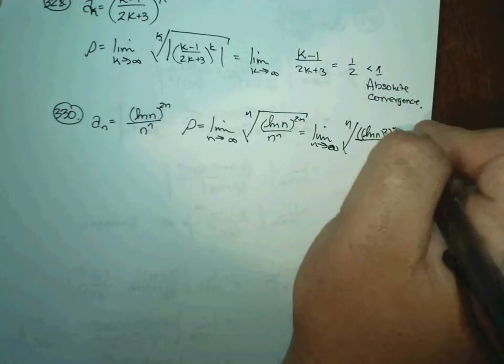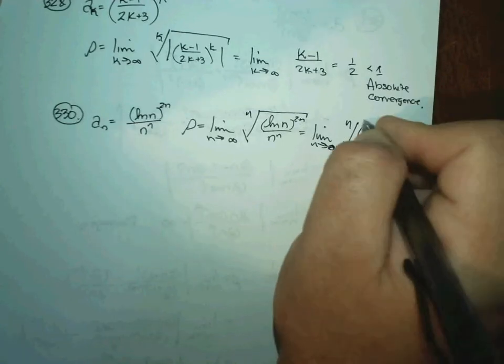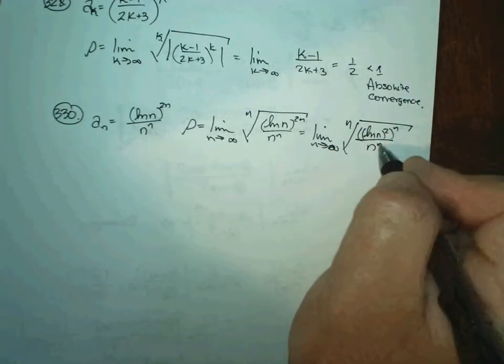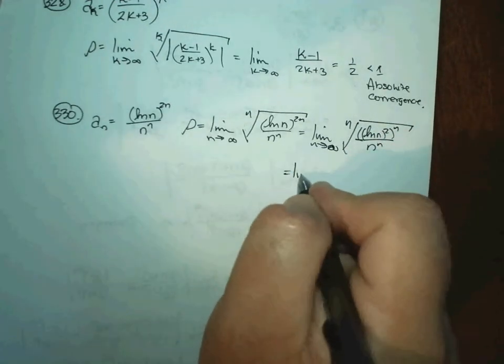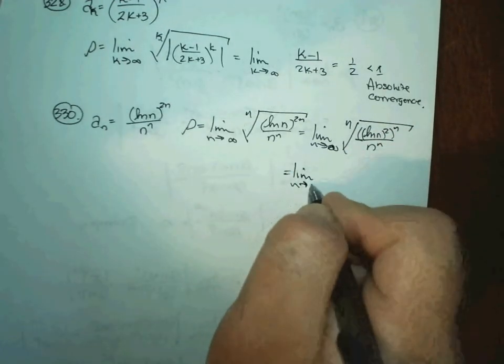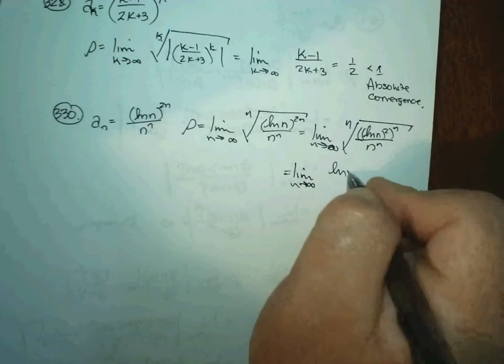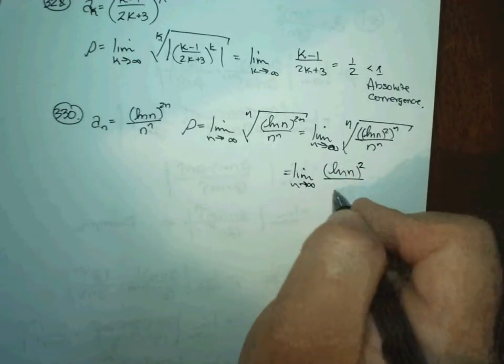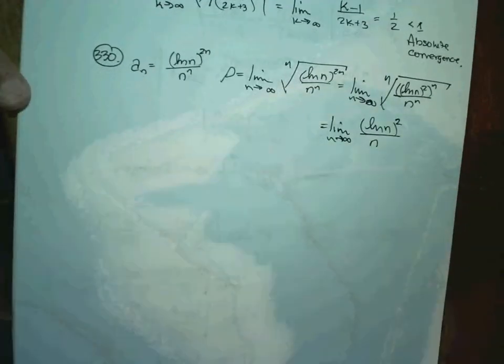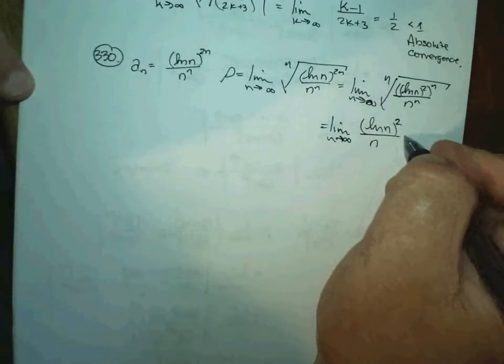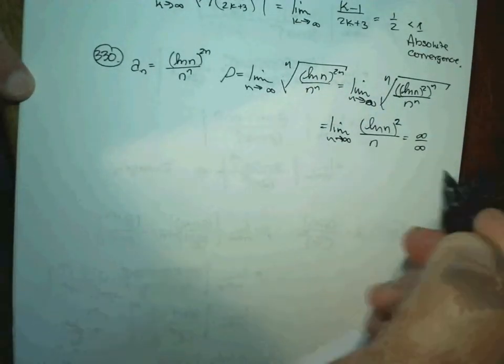This is the natural log of n squared, all to the nth power. And now you've got the top to the nth power and the bottom to the nth power, so you can take the nth root. All right, so that's the limit we're going to take now.